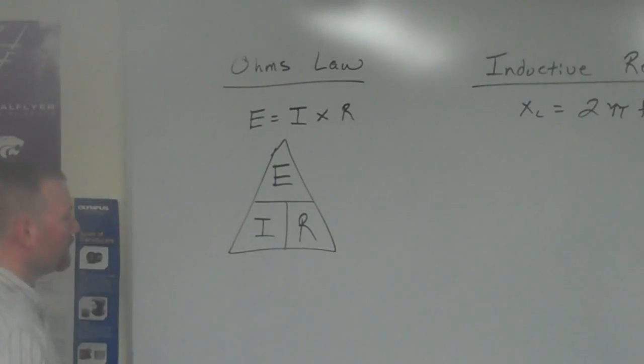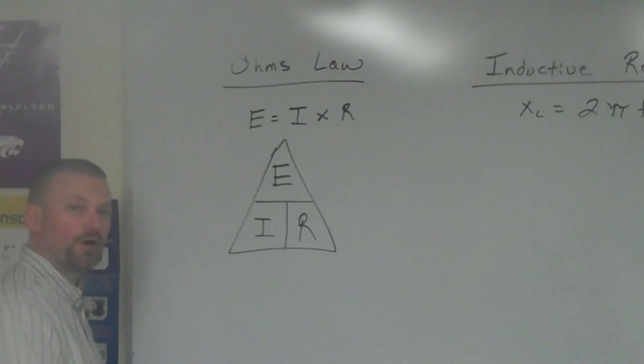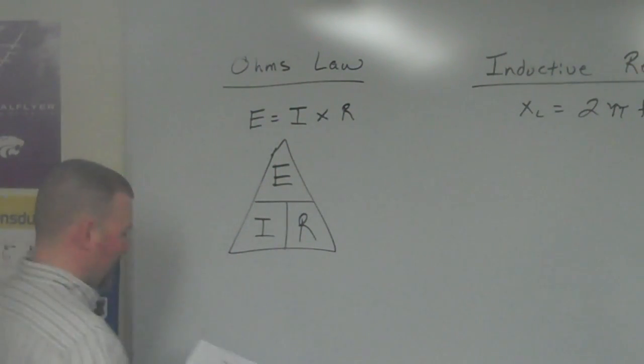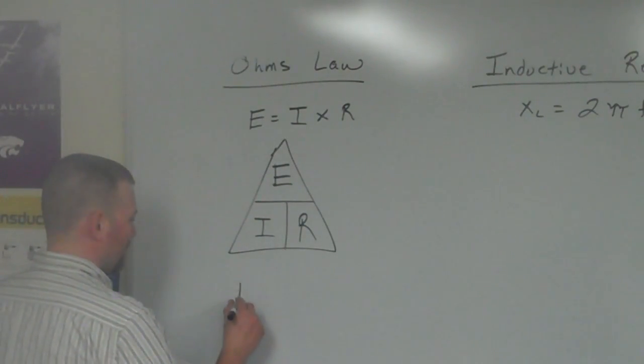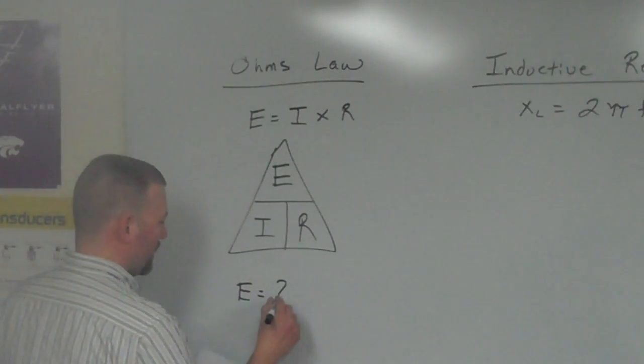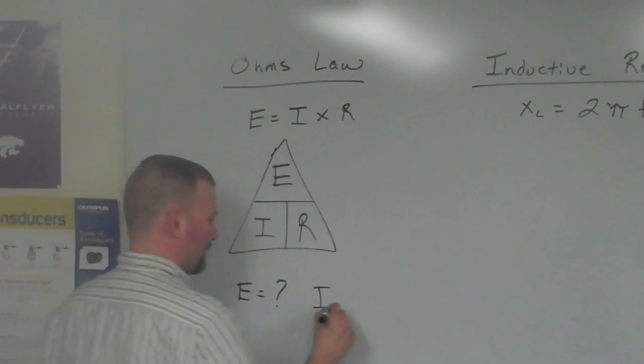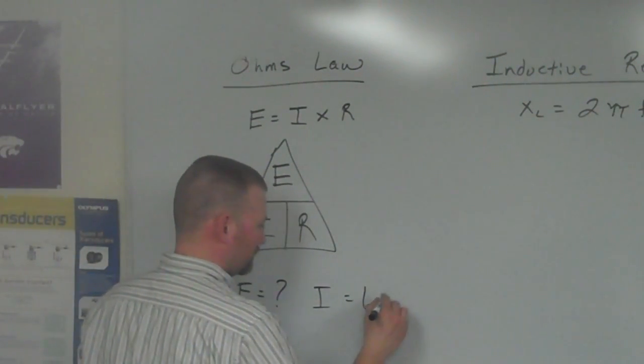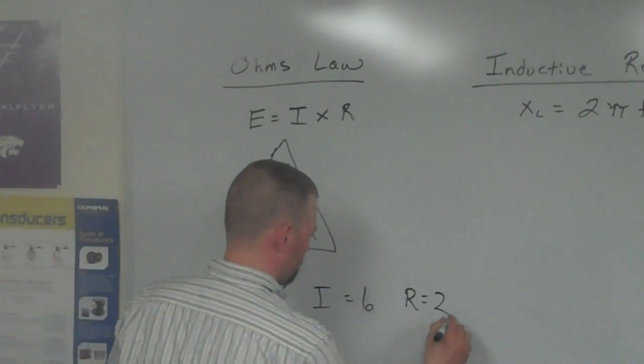So, knowing what these stand for, if we were to plug in an equation, looking at number 1 that you guys got, it is E equals blank, I equals 6, R equals 2.